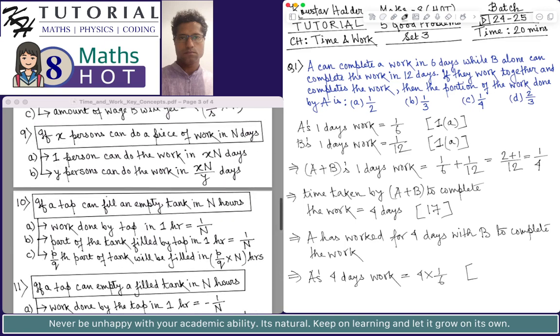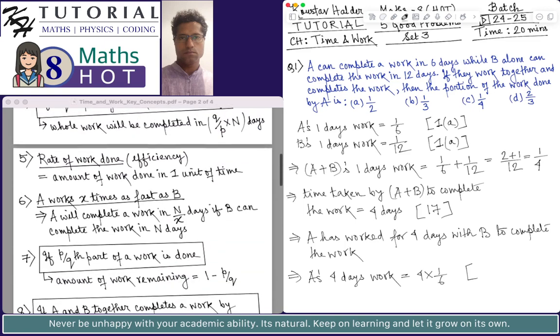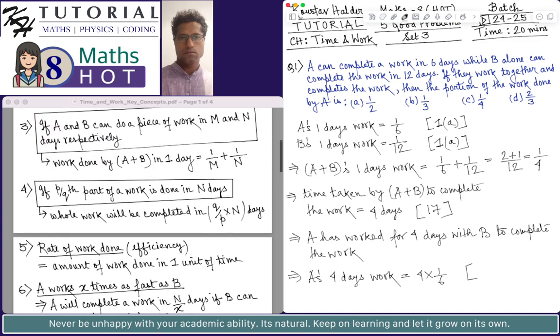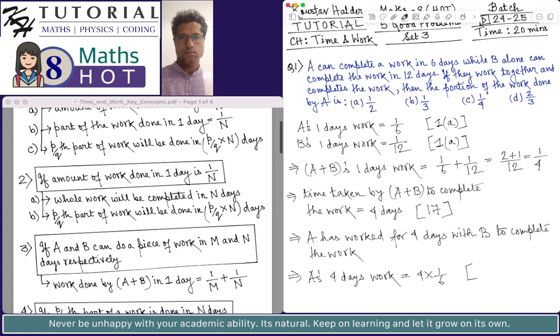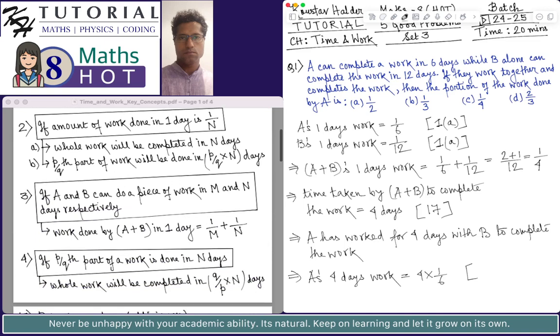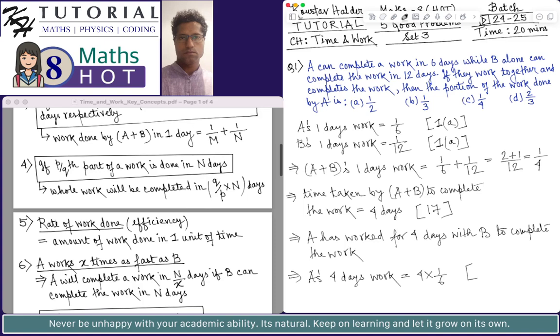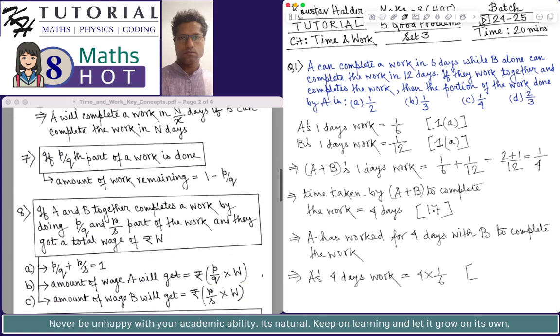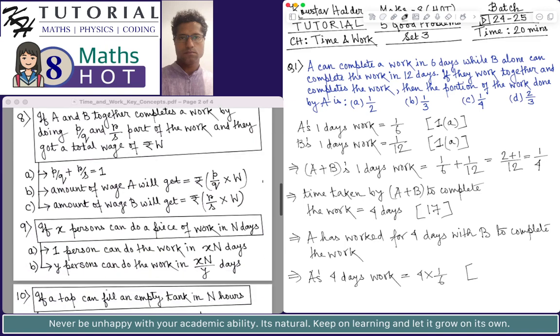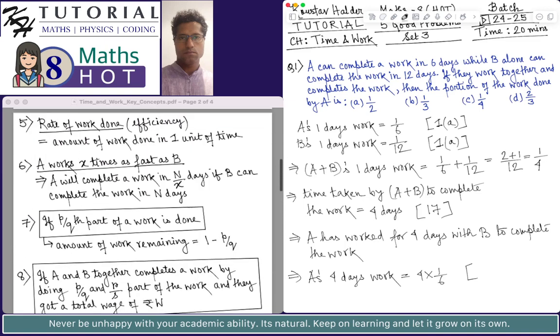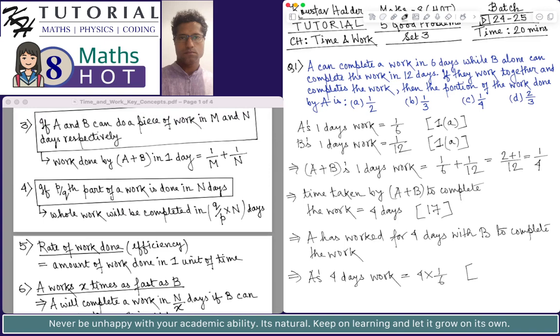Let me check. Whole work, rate of work. No. Well, this is simple unitary method: if A's 1 day's work is 1 by 6, then A's 4 days work will be 4 multiplied by 1 by 6, and this is equal to 2 by 3.